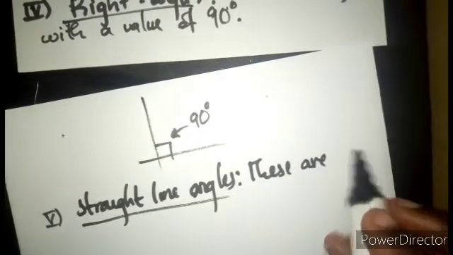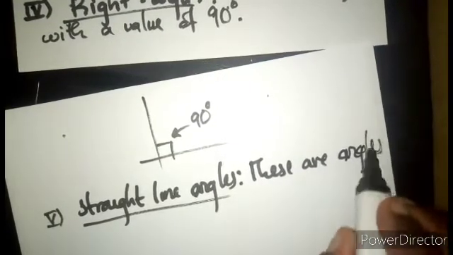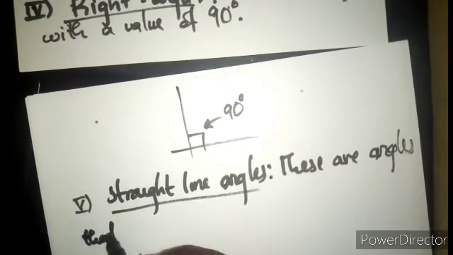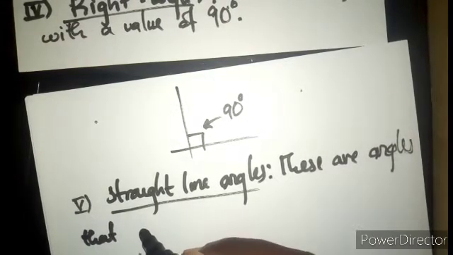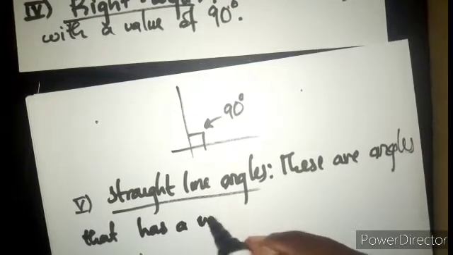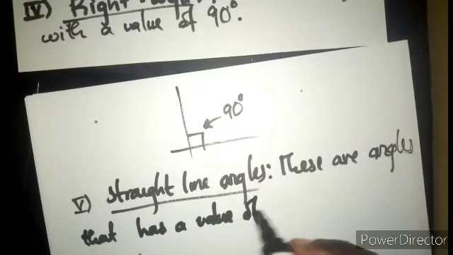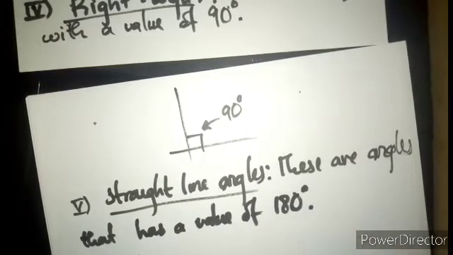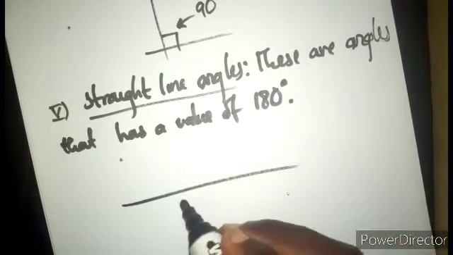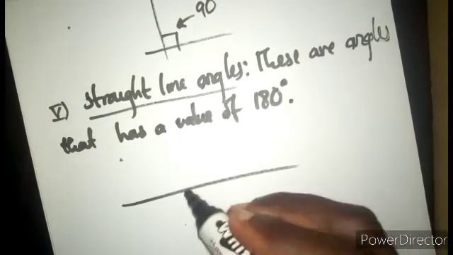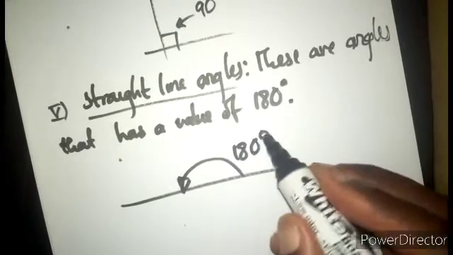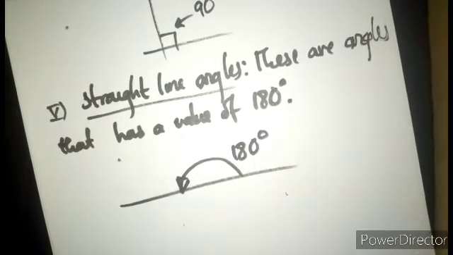These are angles that have a value of 180 degrees. So for instance, this is a straight line, so the angle here is 180 degrees. That's what we are saying. Good.